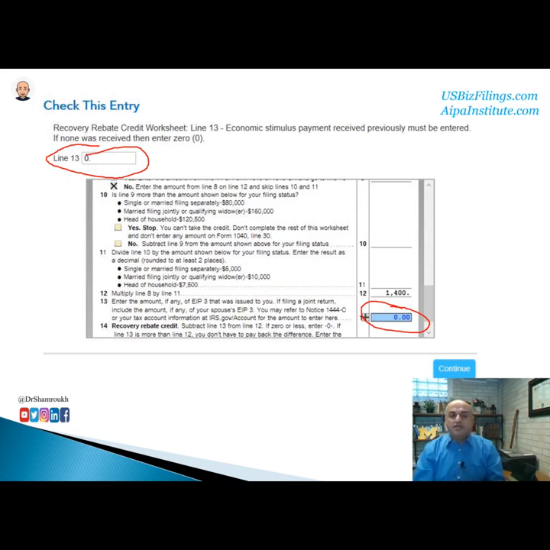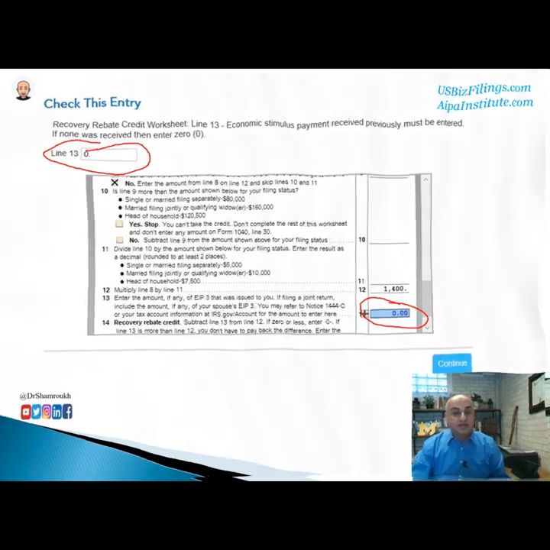Now, the question, what if you just left it blank here? In this situation, the system will assume that you received your entitled economic impact payment, and it will not be calculated for you. Therefore, it is in your favor to put 0 in this form to receive your entitled payment.